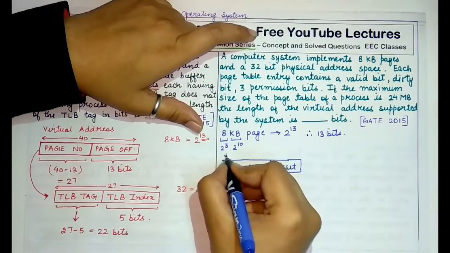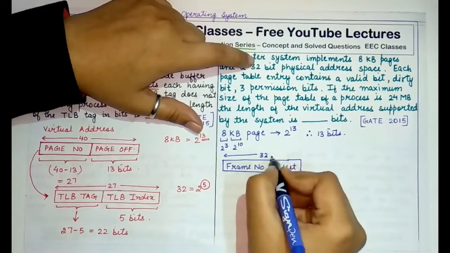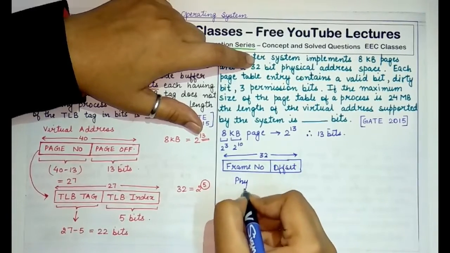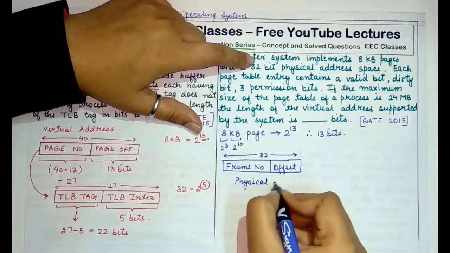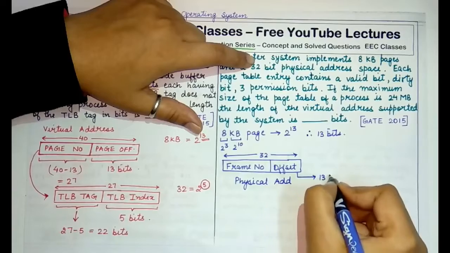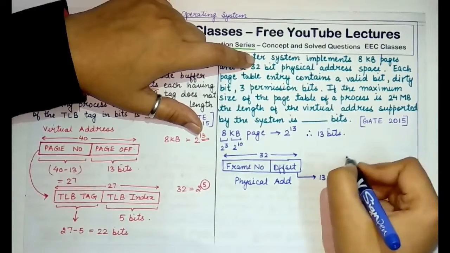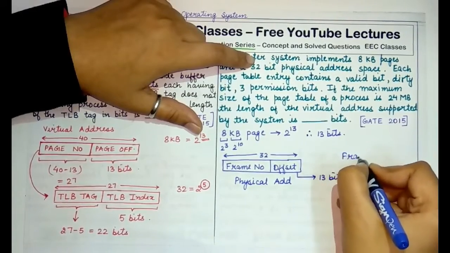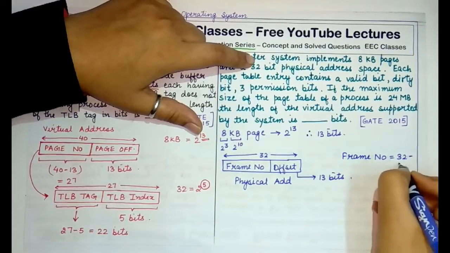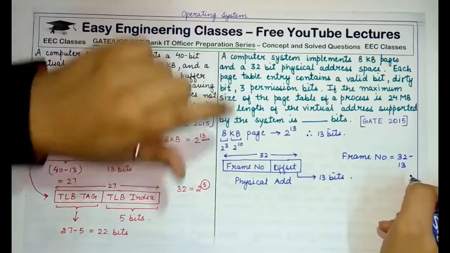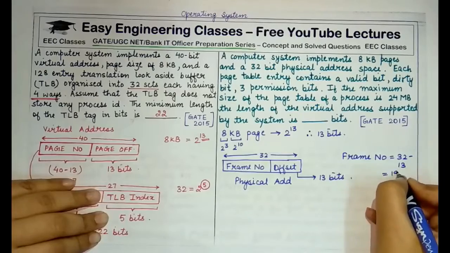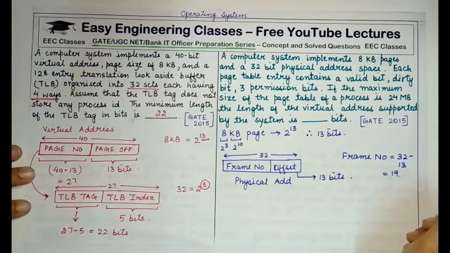So this is a physical address which is given to us to be of 32 bits, and we have calculated the length of the offset field to be 13. So this field is 13 bits in total. Therefore, the field that represents the frame number is equal to 32 minus 13 bits. Now remember this because this value would be used later on, and this will come out to be 19.